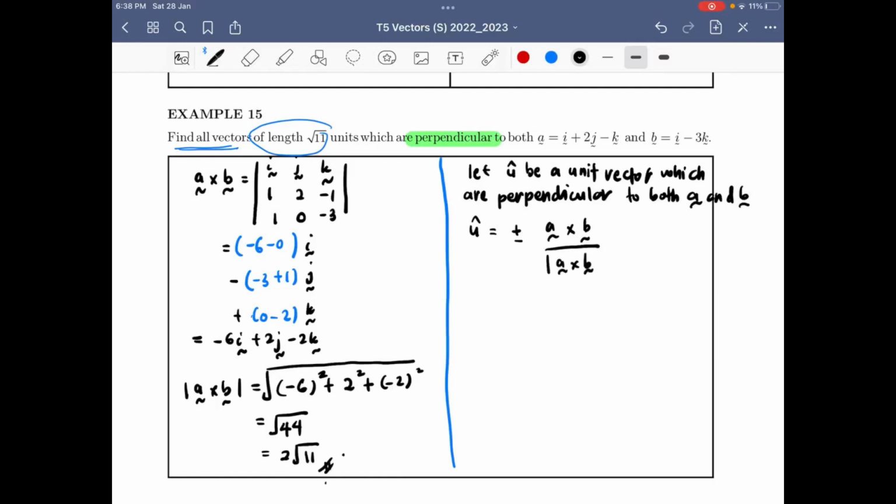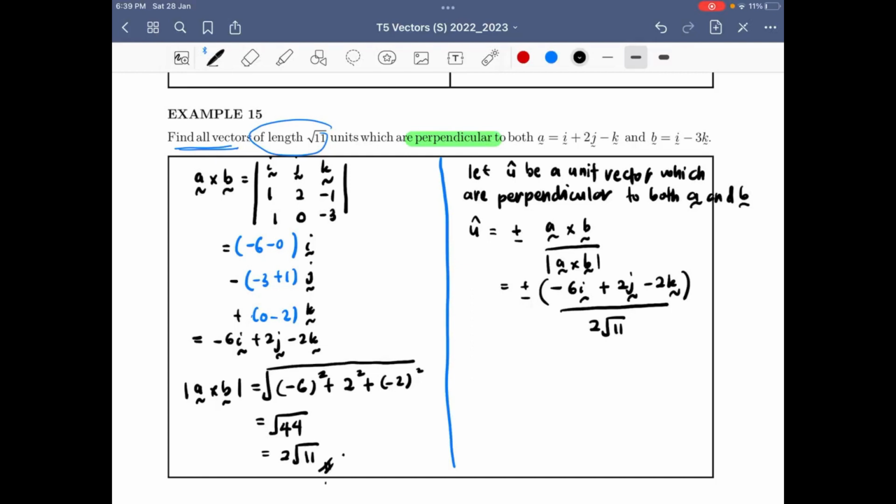So this is equal to plus minus negative 6i plus 2j minus 2k divided by the magnitude, 2 sed 11. Here is the unit vector.